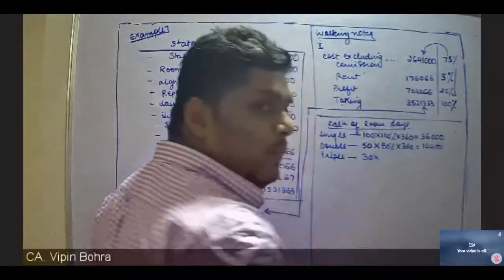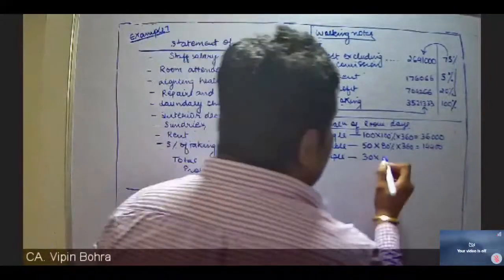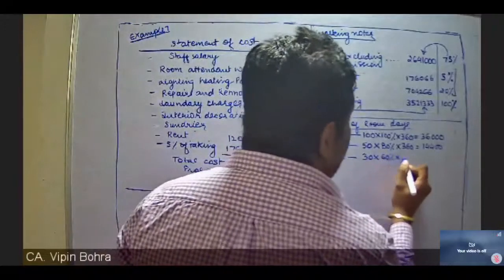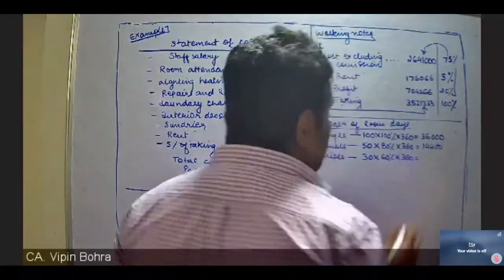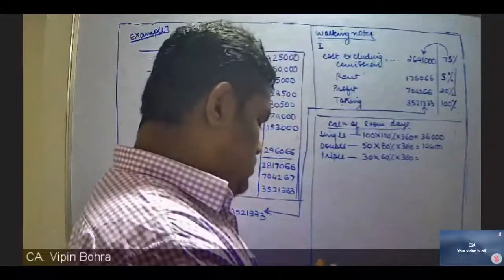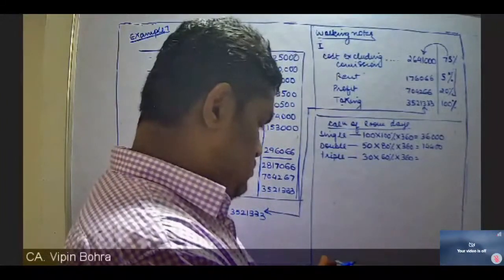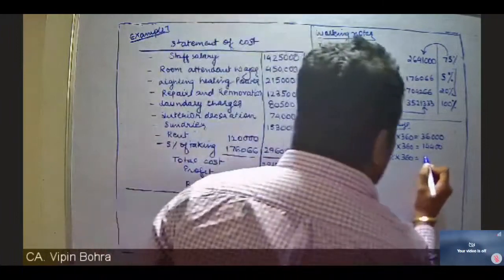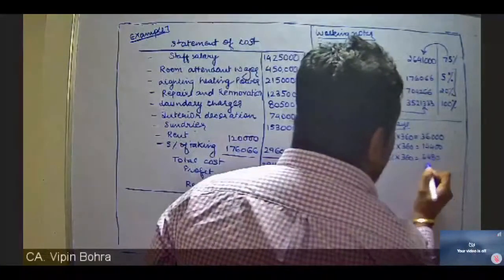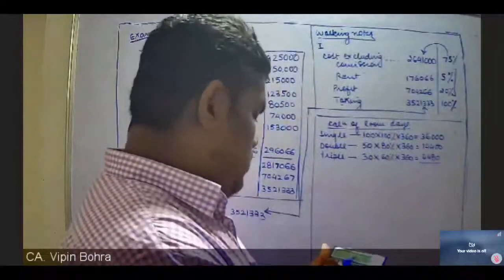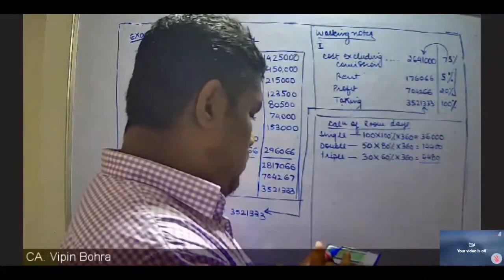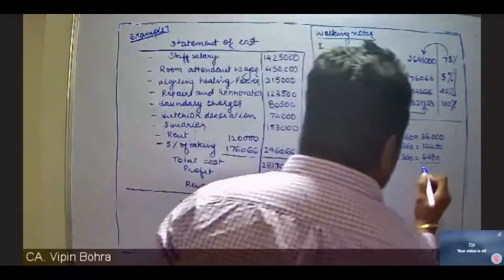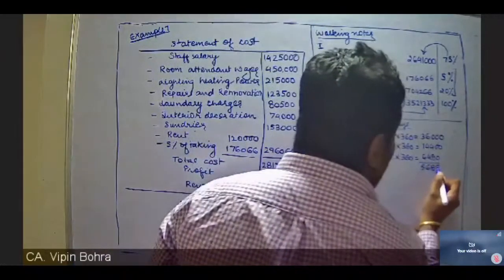What is the occupancy? 60% occupancy for 360 days. That is 6,480. Total number of room days is 56,880.